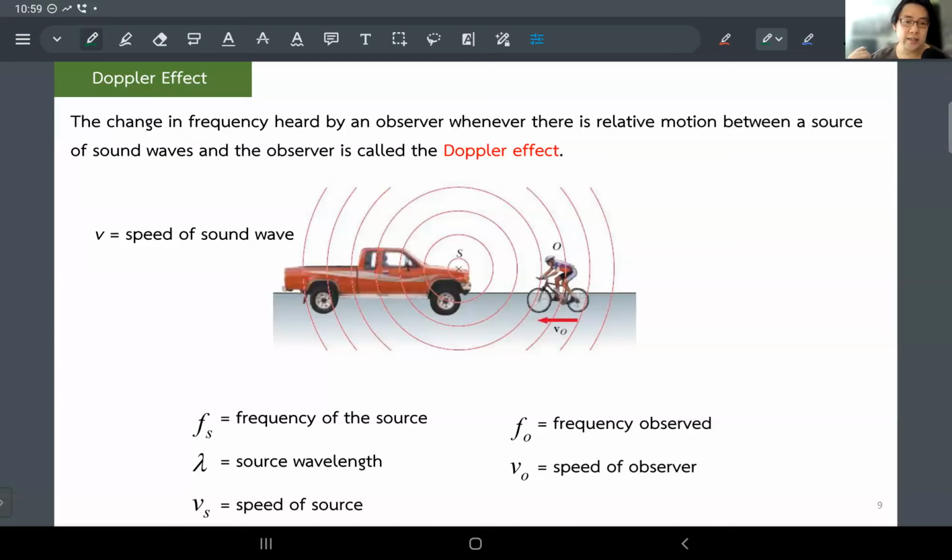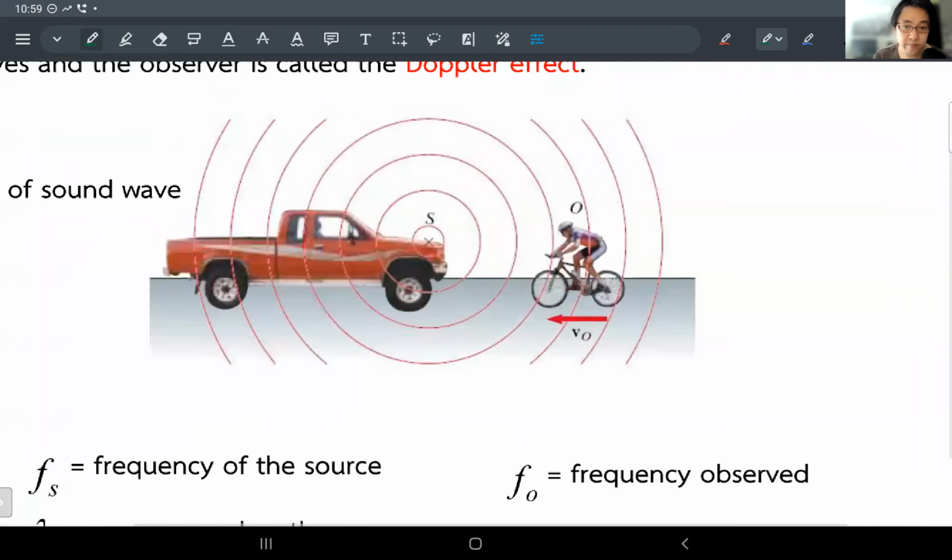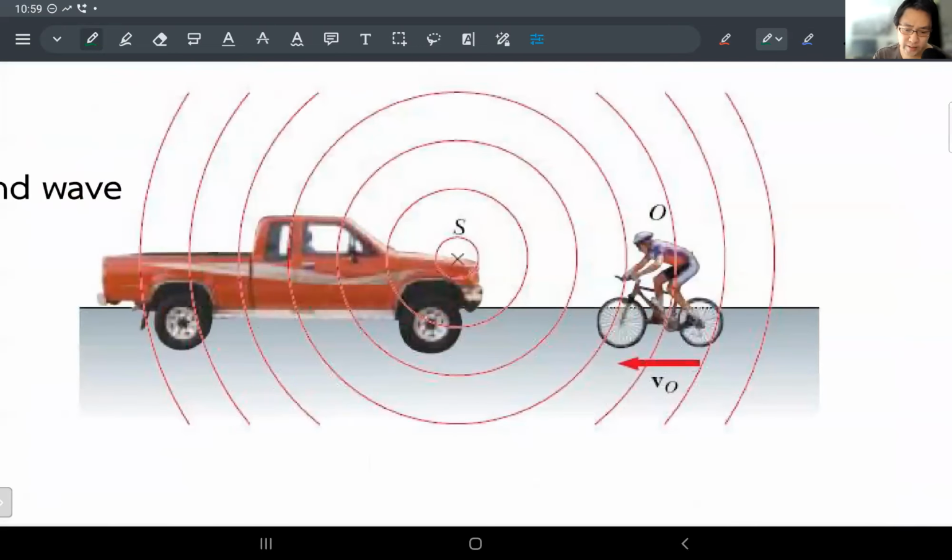What parameters or variables do we really need to be able to calculate the frequency that gets shifted due to the movements of either the source or the observer? So let's look at this scenario over here. First thing, you need the source for sure, and you need an observer. So you have S representing the source, O representing the observer.